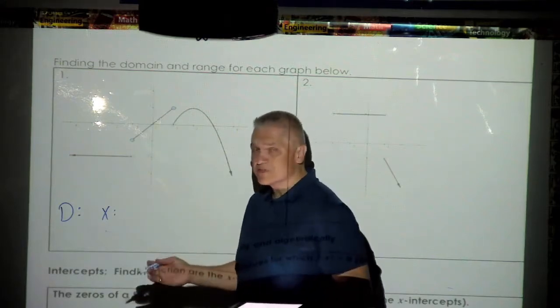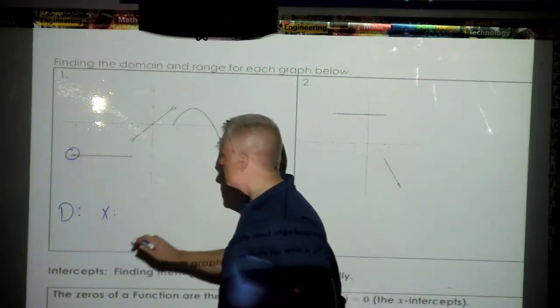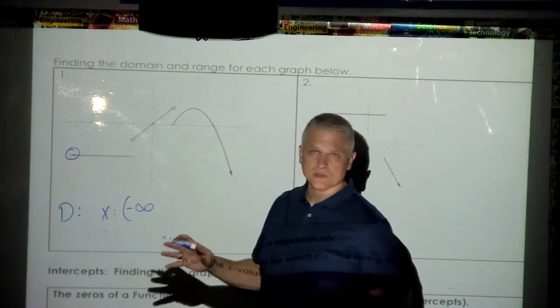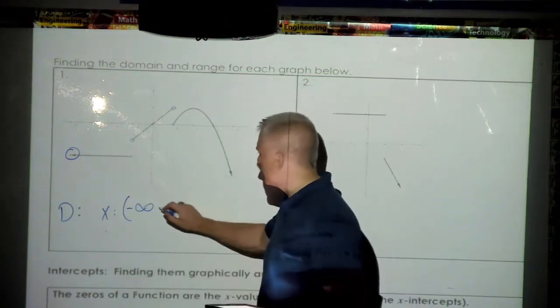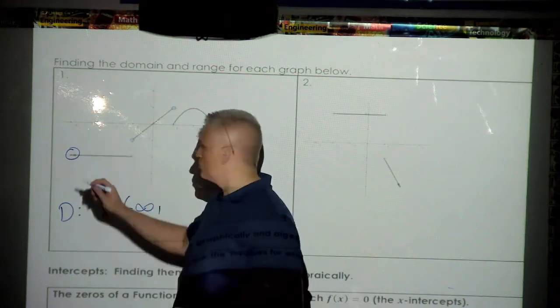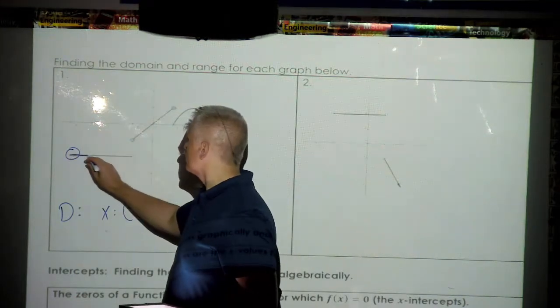Well, how far left does this go? There's an arrow. So it goes all the way to negative infinity. Always put a parenthesis with infinity and negative infinity. Okay, so we started negative infinity, so that's far left. We're going to start moving to the right. Here we go, we're moving to the right.